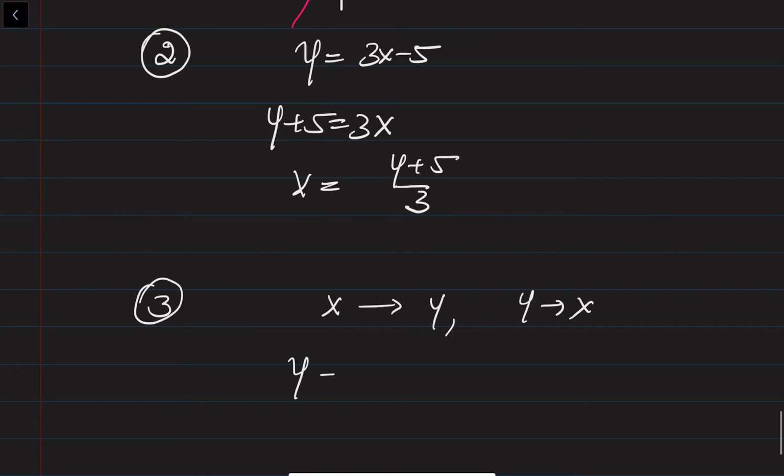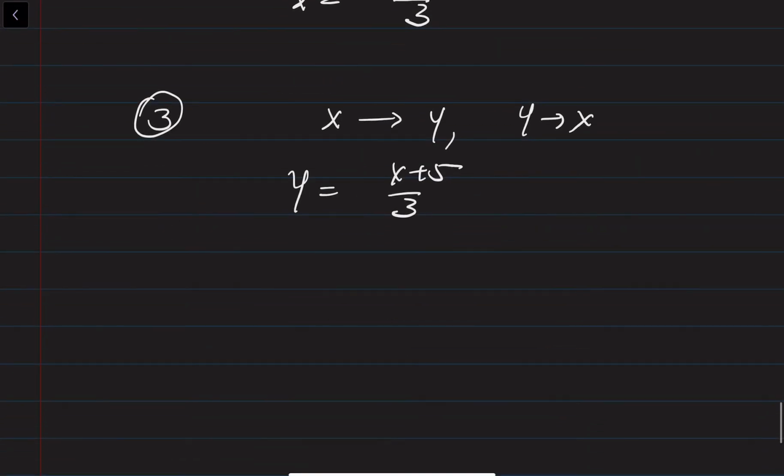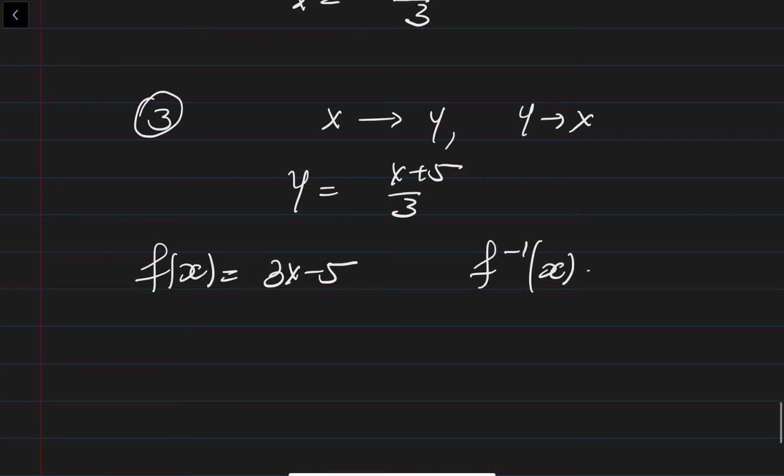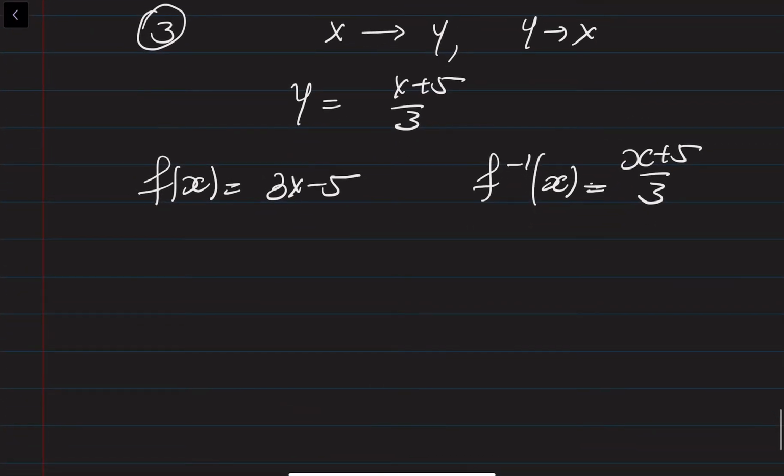It's going to be y is equal to x plus 5 over 3. That's going to be the inverse. Again, if your function is 3x minus 5, then its inverse is going to be x plus 5 over 3.